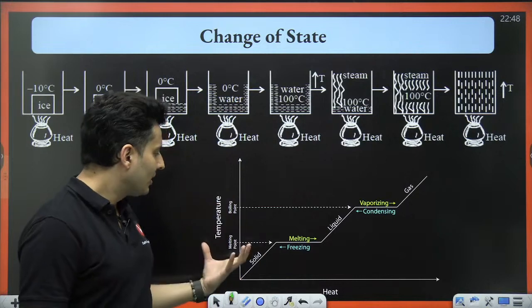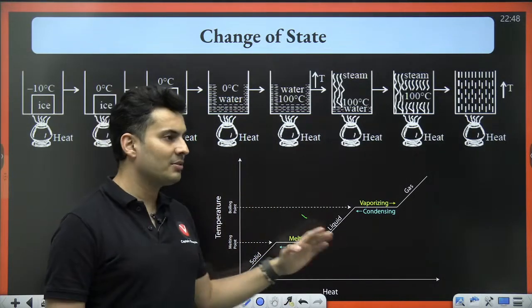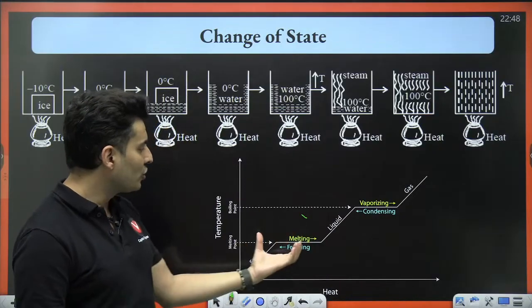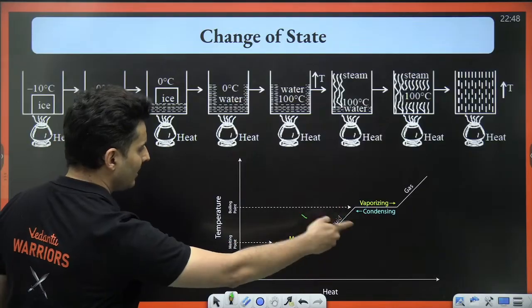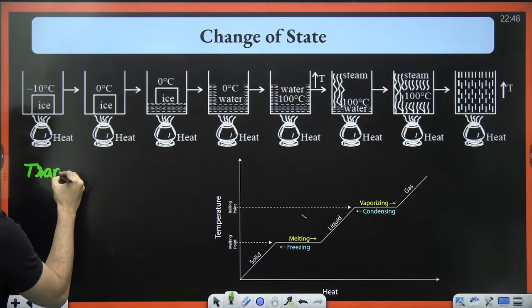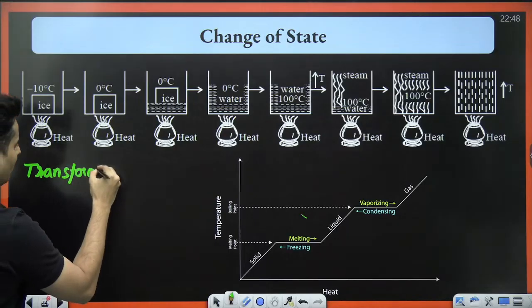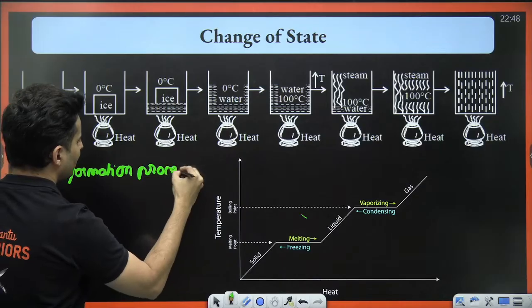This is a very important graph which tells you how the temperature changes with heat. Mainly what you should note is that melting, freezing, vaporization, condensation are called transformation processes.